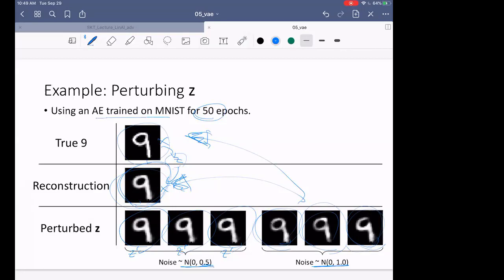There's a missing piece here, there's a missing piece here, and maybe the stick of the 9 is a bit skewed compared to here, but it's a very similar shape to the original 9. The shape, the skewedness, the rotation, the angle, the size of the circle of the 9, it's all very similar.